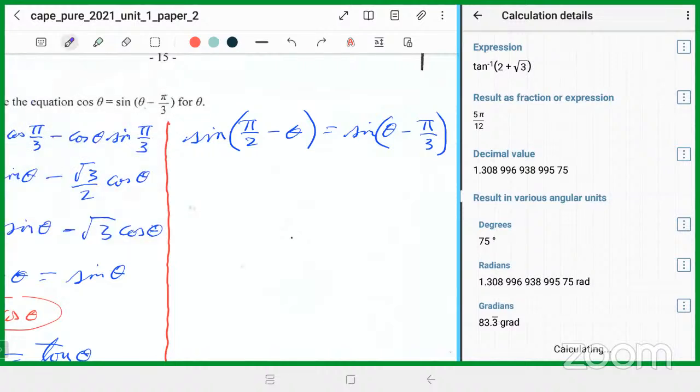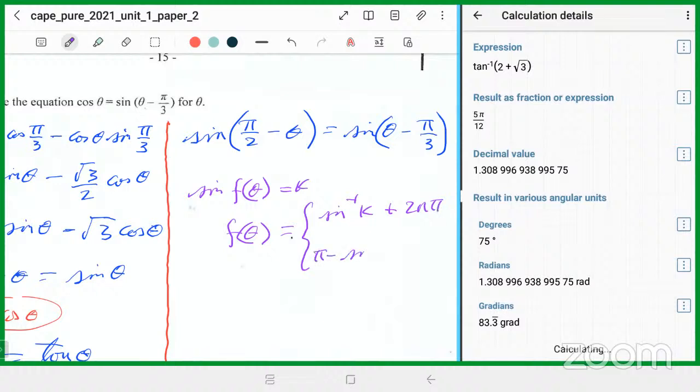If sine of a function of theta equals k, then the general solution is that f of theta is going to be a two-part result, like so: sine to the -1 of k plus 2n pi, and pi minus sine to the -1 of k plus 2n pi, where n is an integer.